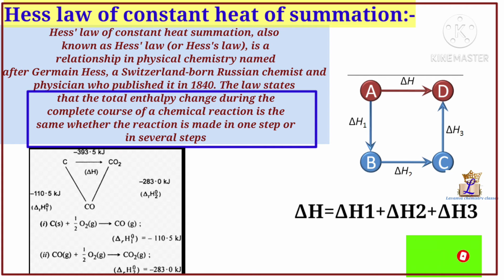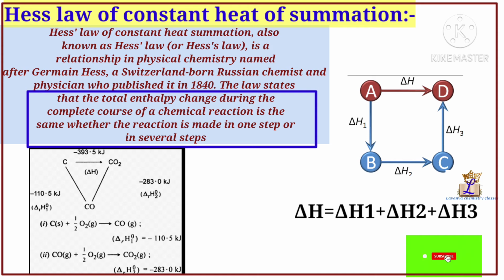In the several steps, C plus half O2 gives CO, carbon monoxide. In this path the heat, delta H1, is minus 110.5 kilojoules. And in the next step, CO plus half O2 gives CO2.